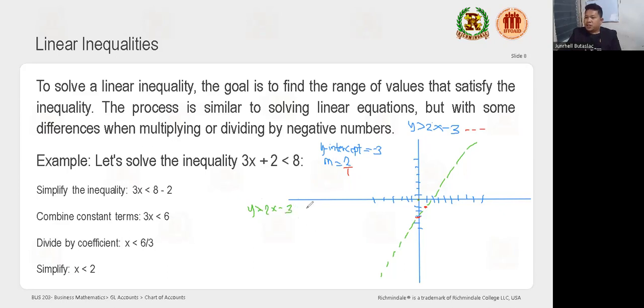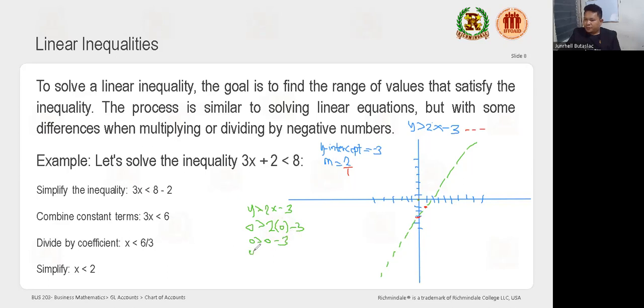Substitute using the 0, 0 point here, 0 for x and 0 for y. So y is 0, greater than 2 times 0, minus 3. So 0 is greater than 2 times 0, which is 0, minus 3.